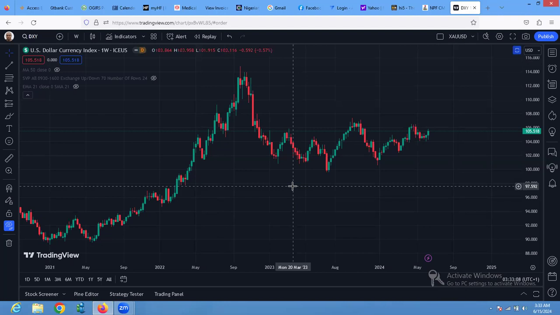Is it an uptrend? Is it a downtrend? Is it a consolidation? Those are the three main structures we look at elementarily: downtrend, uptrend, and consolidation. A choppy market is the fourth one, where you can't really say this is the direction of the price.